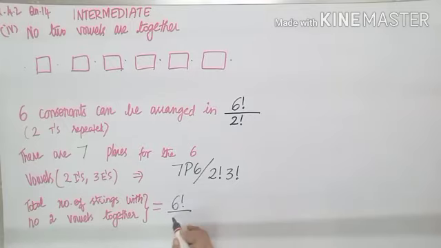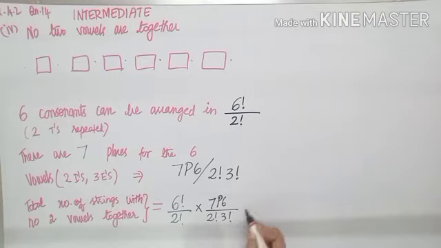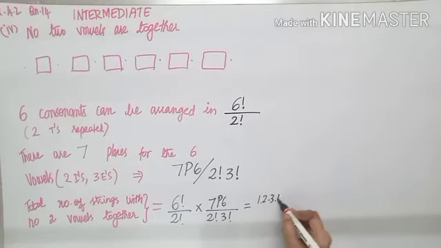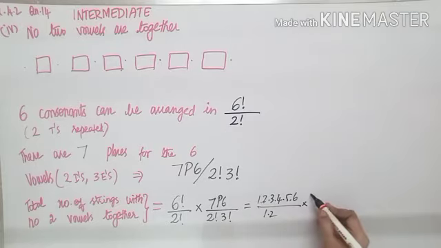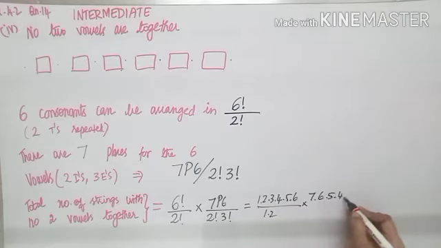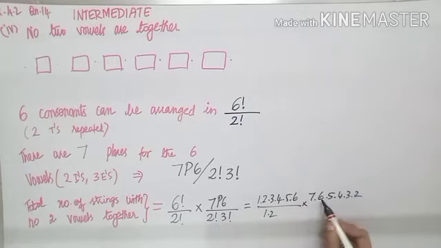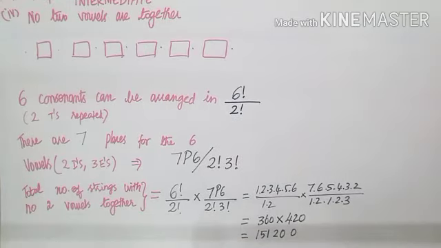Multiply 6 factorial by 2 factorial into 7P6 by 2 factorial into 3 factorial. 6 factorial, the formula 1, 2, 3, 4, 5, 6 by 2 factorial 1 into 2. 7P6 meaning 7, 6, 5, 4, 3, 2. I must write 6 numbers divided by 2 factorial 1 into 2, 3 factorial 1 into 2 into 3. Cancel, simplify and find out the answer. We get 151200 and that is the answer.